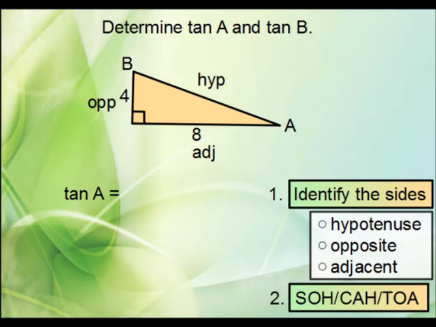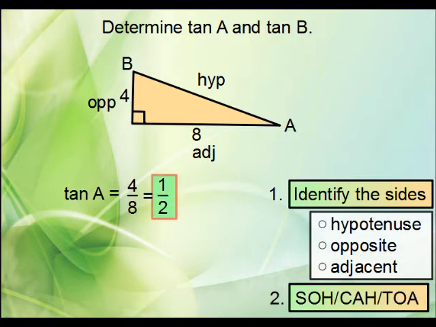Well, according to this, the tangent is opposite over adjacent. The opposite side is 4, and the adjacent side is 8. So since it's this side over this side, it's going to be 4 over 8, which simply reduces to 1/2.